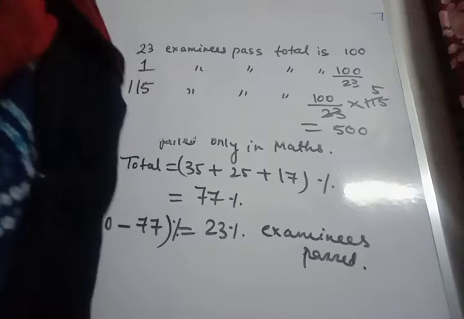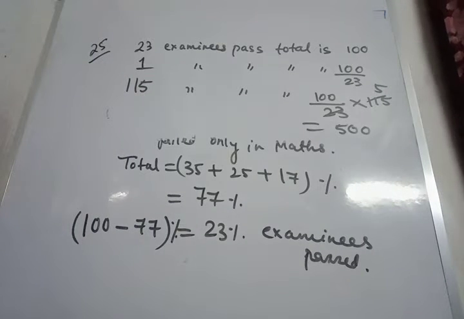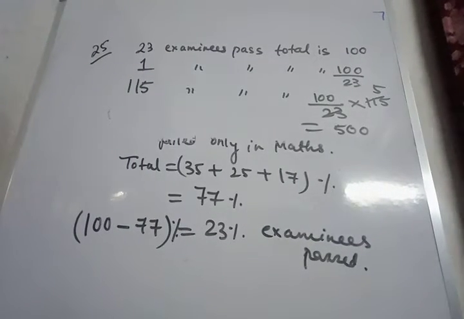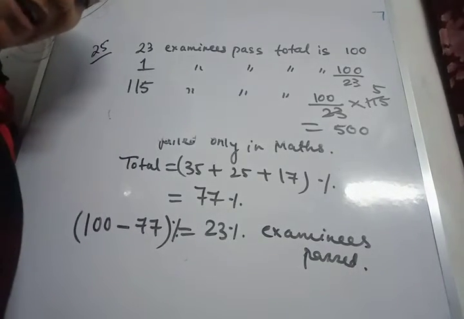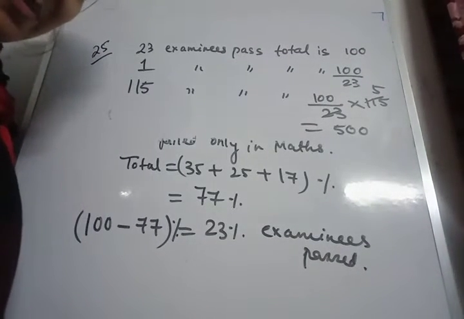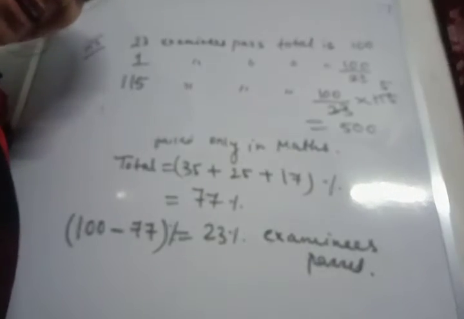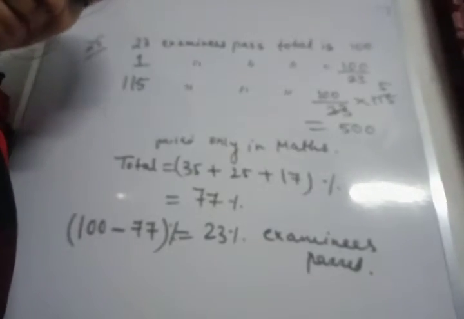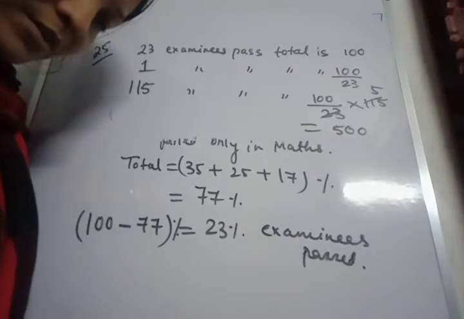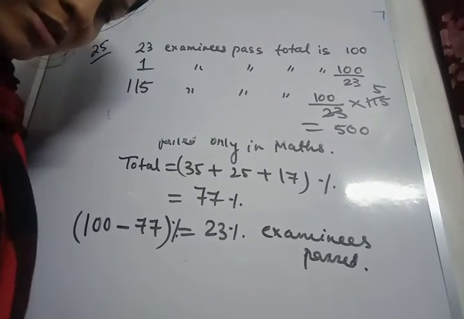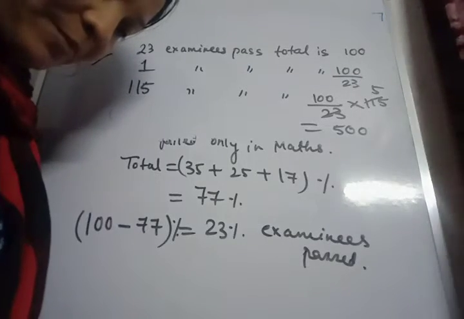Okay. Next, the last sum, number 26. The question is, if the numerator of a fraction is increased by 140% and denominator is increased by 150%, the resultant fraction is 4 by 15.